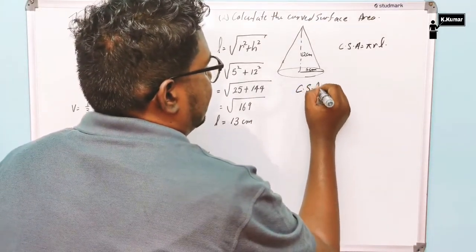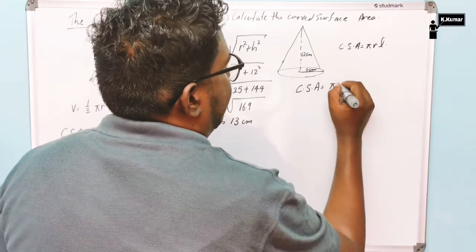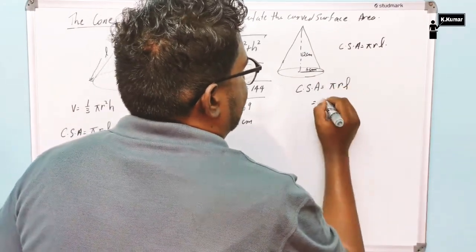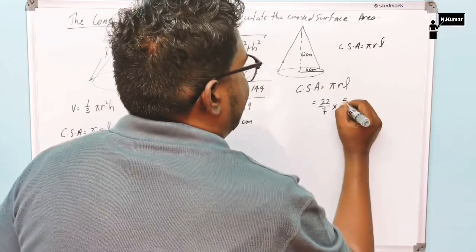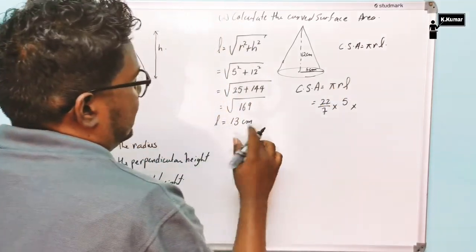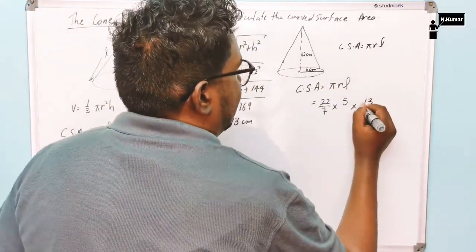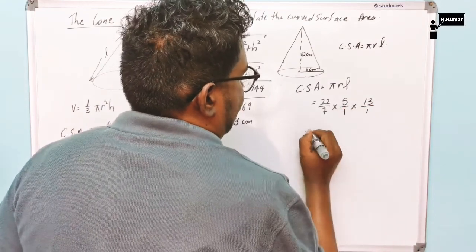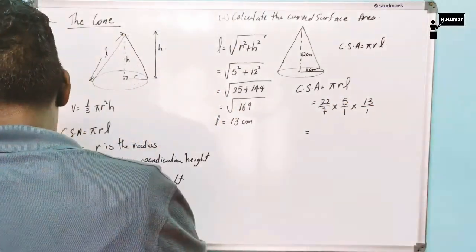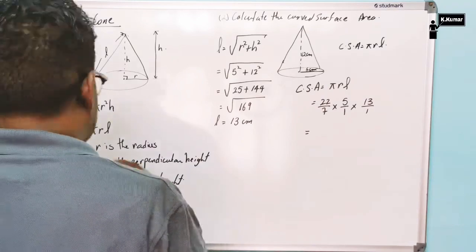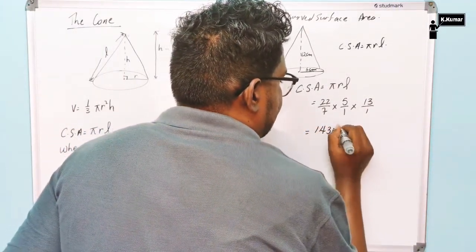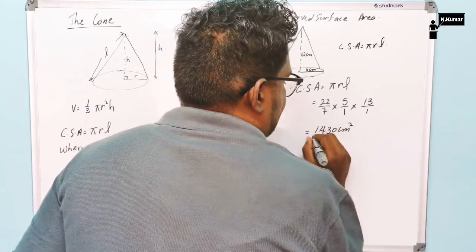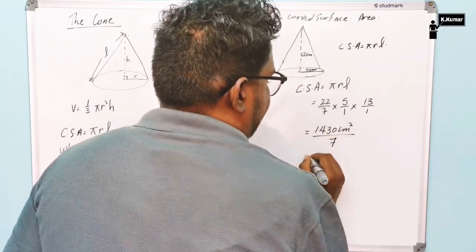So the curved surface area is equal to pi r L. That's going to be 22 over 7 times r, which is 5, times L, which we just found to be 13. Put them over 1. 22 times 5 times 13 is going to give me 1,430 cm squared, divided by 7.